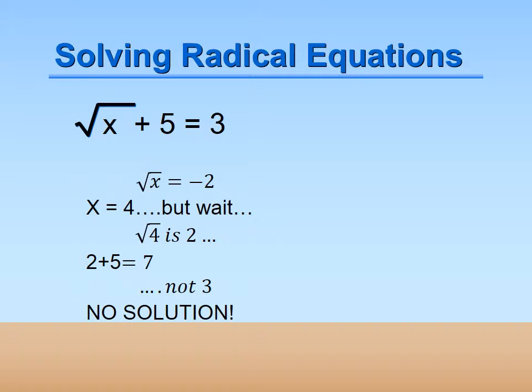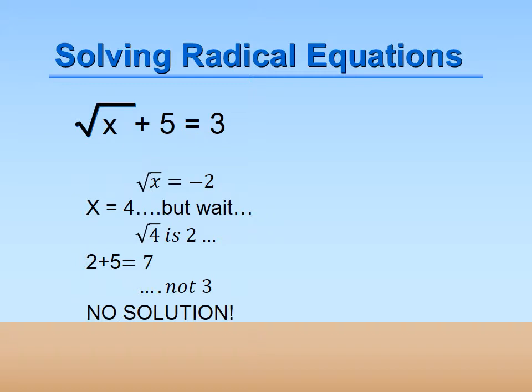Okay, so let us check the answer. If x is equal to 4, the square root of 4 plus 5 equals 3? Well, the square root of 4 is 2, and then 2 plus 5 is 7. That's not 3. So that means this answer is not a solution, and it's extraneous.